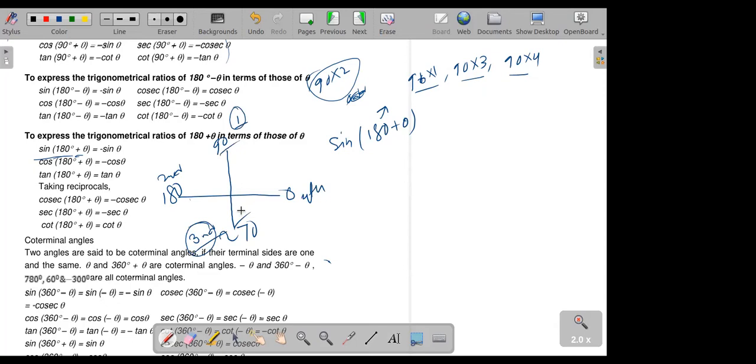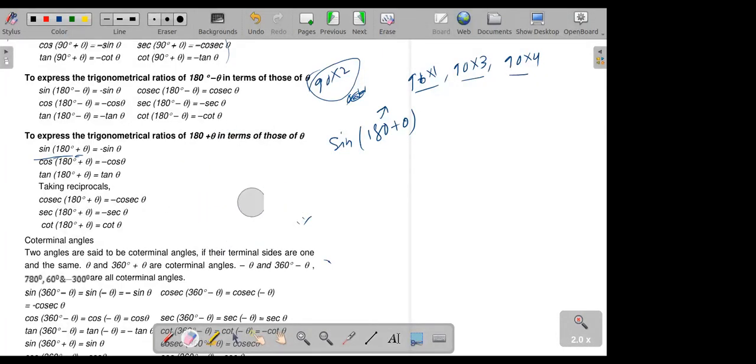For the second and fourth it will not change. So only for odd multiples of 90, it will change to complementary angles, and for even multiples of 90, it will be the same value. We just have to put the plus or minus sign according to the quadrant.